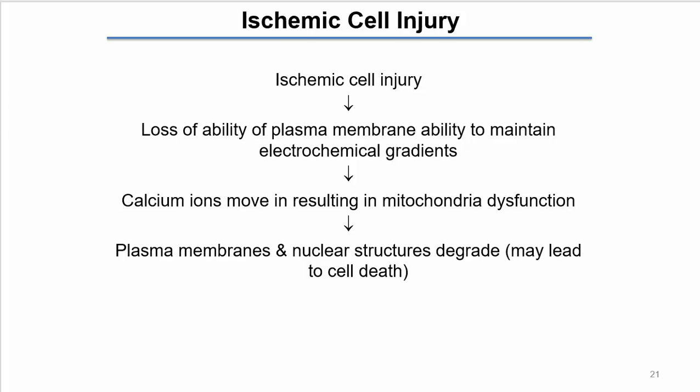There's no more energy to maintain cellular structures. The plasma membrane and the nucleus and a lot of the structures start to degrade. And this can lead to cellular death. This is a very common cause of cell death.